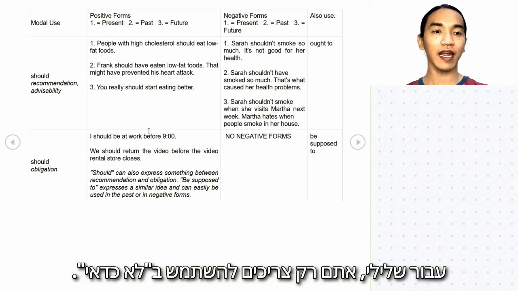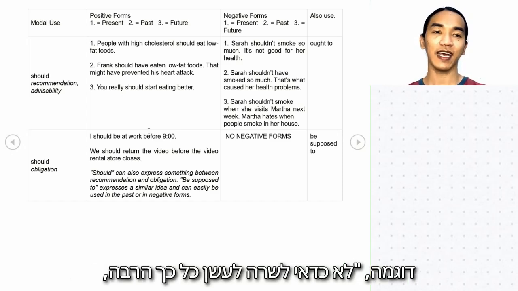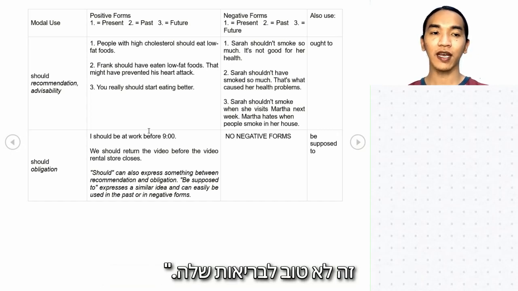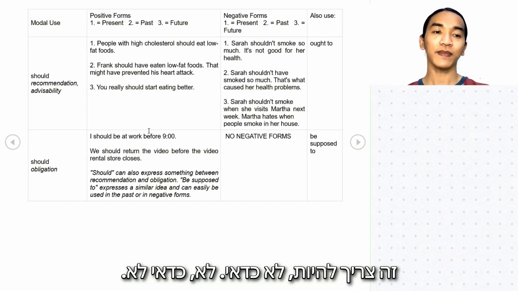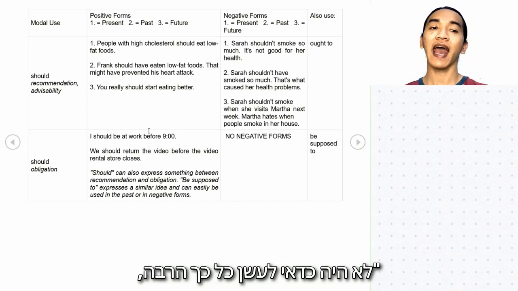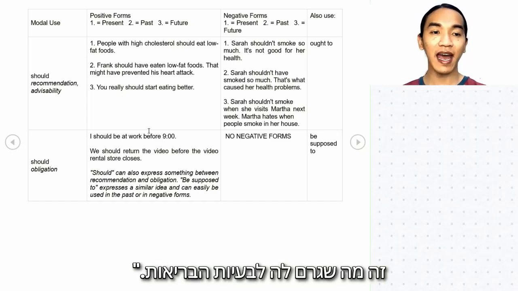Okay. For negative, you just have to use should not. Okay. Example, Sarah shouldn't smoke so much. It's not good for her health. Okay. For the past, Sarah shouldn't have. Okay. It should be shouldn't have, not should haven't. Okay. Shouldn't have smoked so much. That's what caused her health problems. Okay.